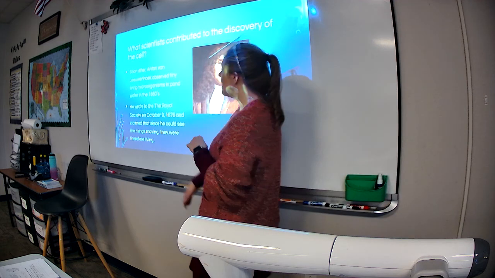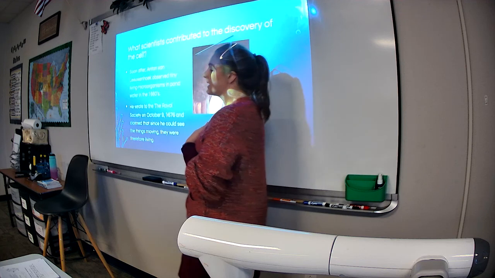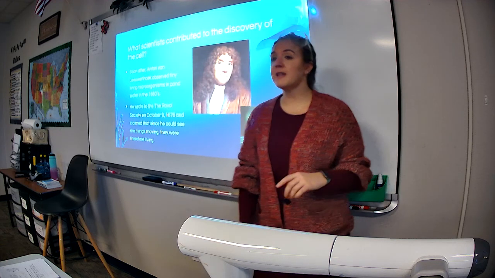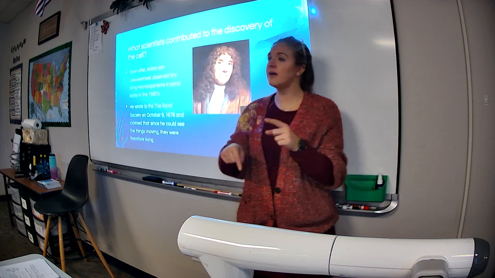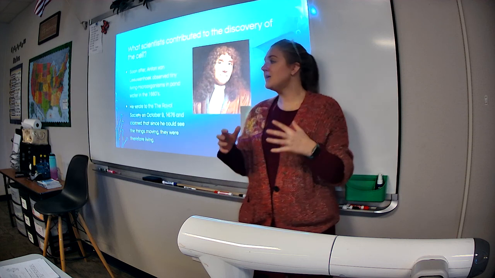And he wrote to the Royal Society on October 9th, 1676, and declared that because these little things were moving around on their own, that meant they must be living.